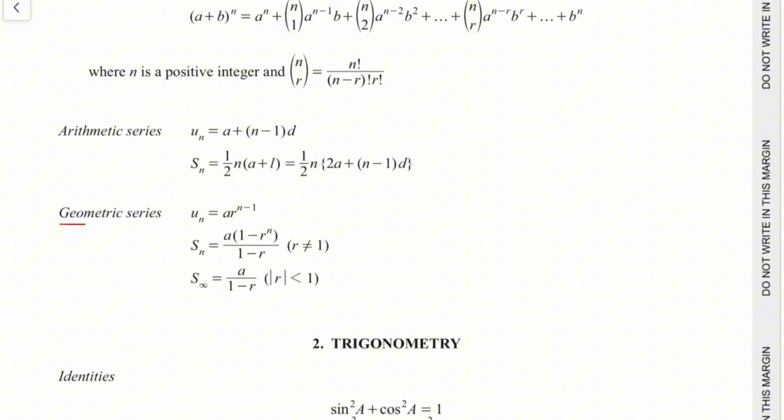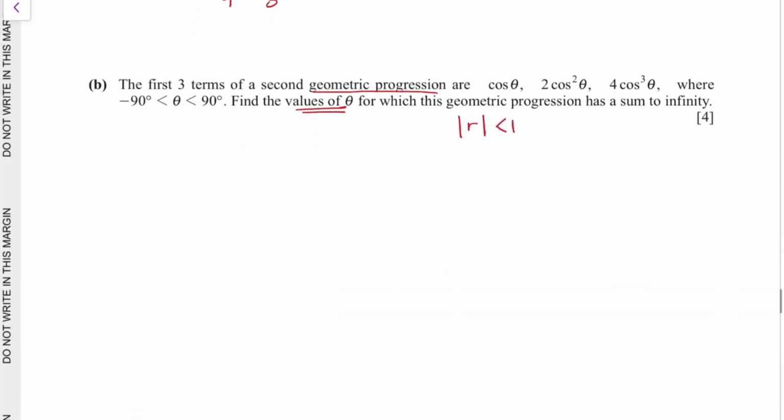For the sum to infinity of a geometric series, in order for a geometric series to have a sum to infinity, your modulus r must be less than 1. Okay, so using that idea means that your r must be between negative 1 and positive 1. You know that your a, your first term, is cos theta, and your r would be the second term divided by the first term, which is 2 cos squared theta over cos theta.